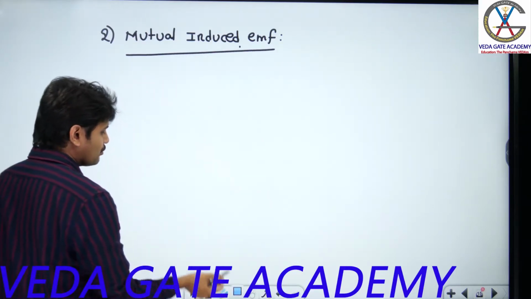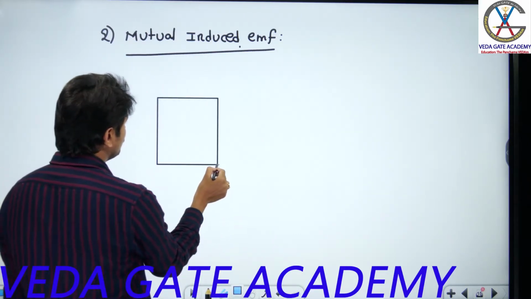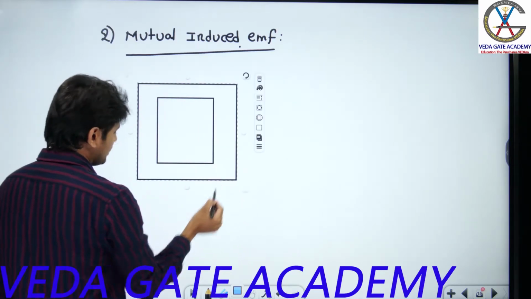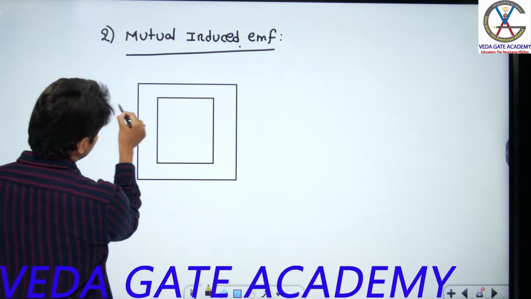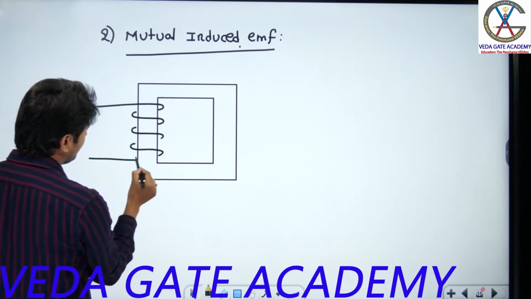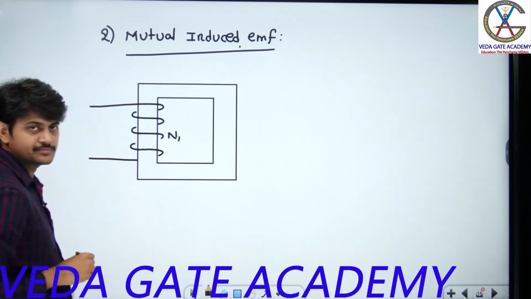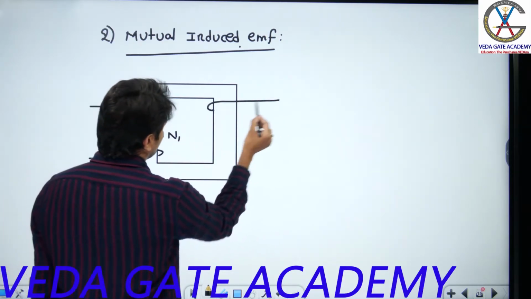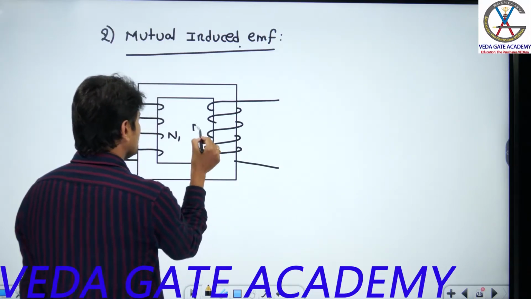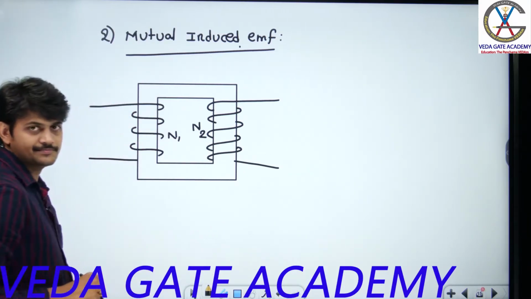For that, again I am going to consider a magnetic core of some regular shape. Let us assume this is my magnetic core on which I am going to place two coils. This is coil 1 having N1 number of turns, and I am going to place one more coil here, and let us assume this coil has N2 number of turns.